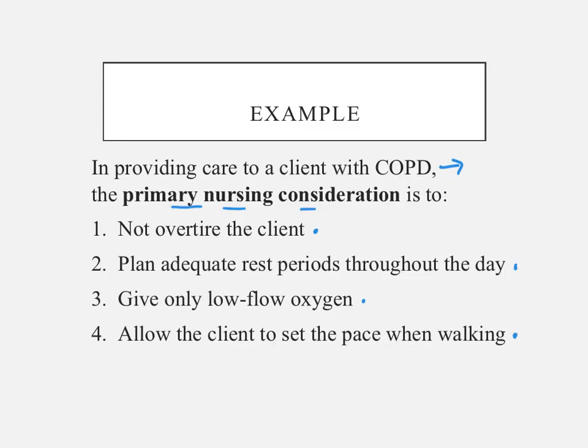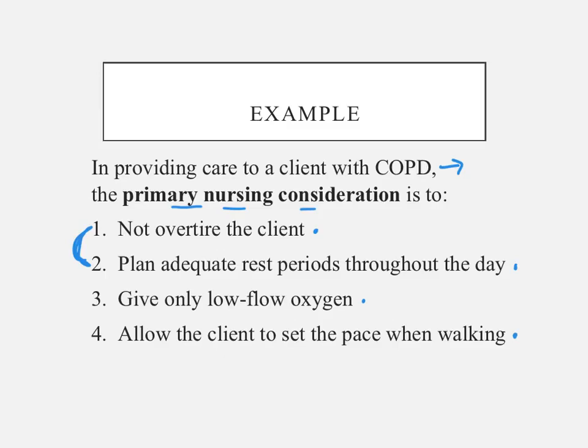So what's most important with these? And we're talking about, in this tip, similar distractors, right? So would not number 1 and number 2 be basically the same thing? You're not going to overtire the client, and you do that by planning adequate rest periods throughout the day.